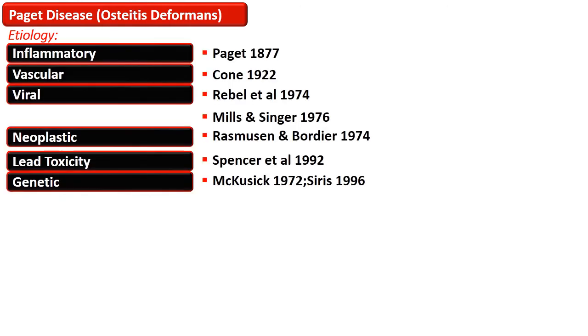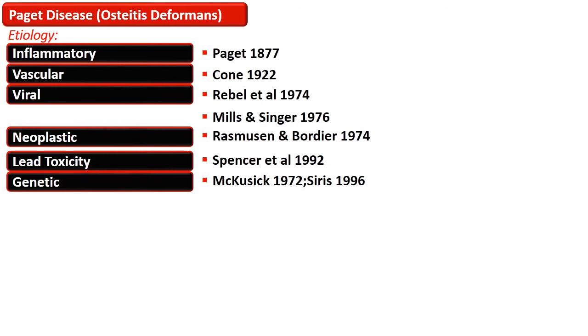The etiology of Paget's disease is very much mysterious. Since Paget identified this disease in 1887, he labeled it as inflammatory in origin. Then Cohn in 1922 proposed a vascular etiology. Rebel and Mills and Singer in the early 70s labeled this disease as a viral disease.